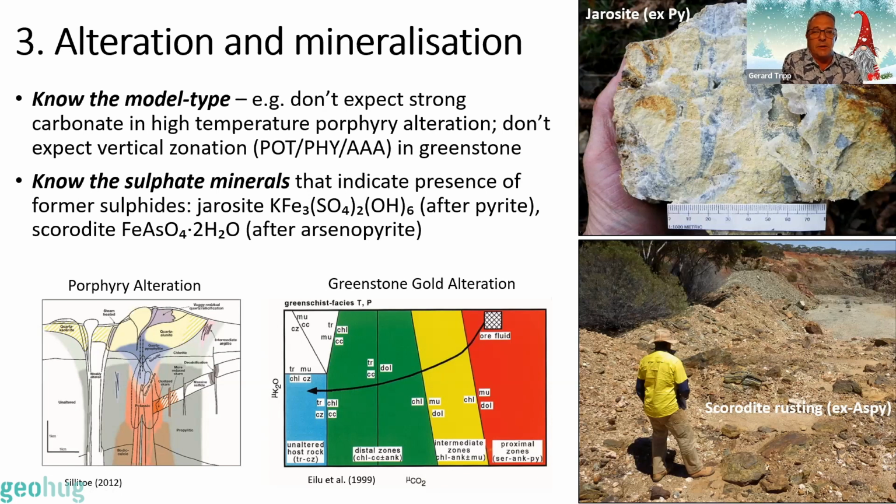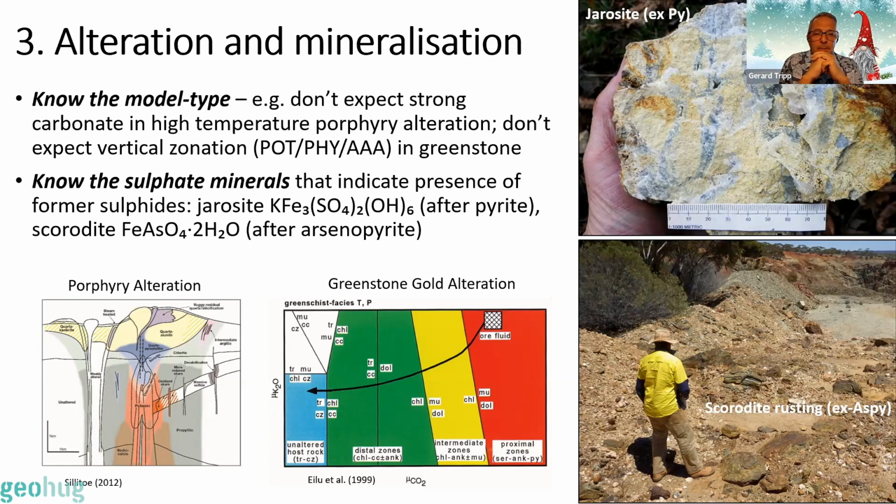It's just like you don't expect vertical, potassic, phyllic, advanced argillic alteration in greenstone environments, and that's all part of what the ore deposit models are. It helps to know what you're working in, a VMS environment, I mean porphyry, I mean greenstone, that kind of thing, and then you can have that bit of knowledge in the area you're working in.